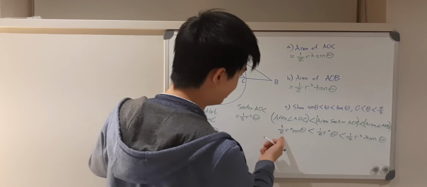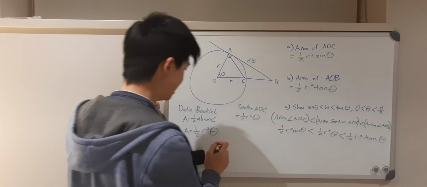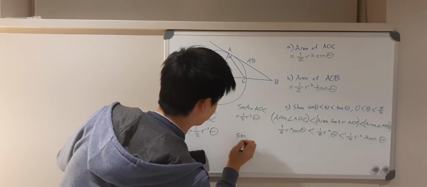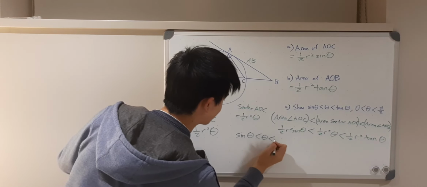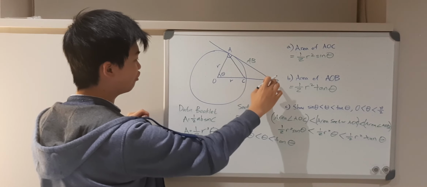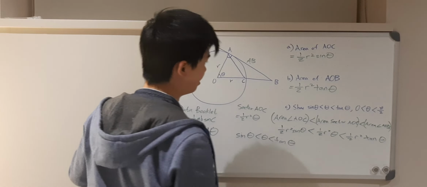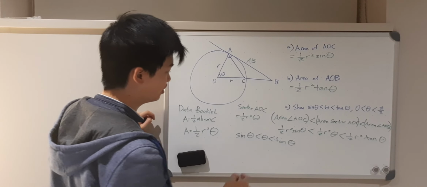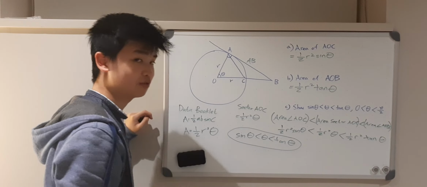Okay, now we can divide half of r squared on both sides. So then we get sine theta is less than theta, which is less than tan theta. And we know this triangle can only form if the angle is between 0 and pi over 2, not inclusive. So therefore, here we go. This is how you prove the third one. Thank you.